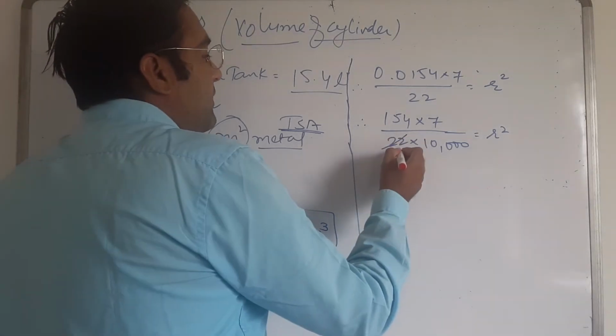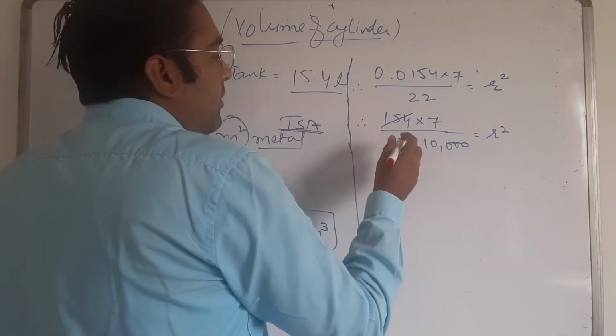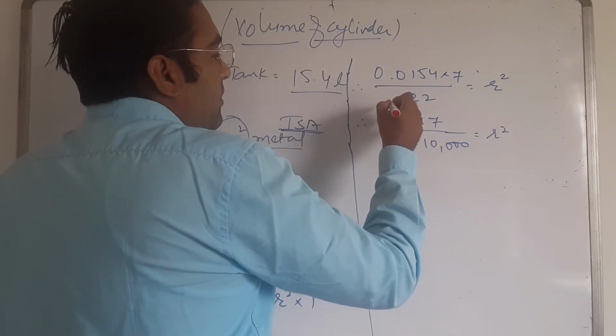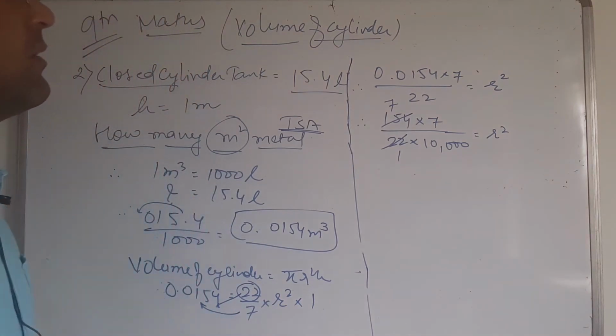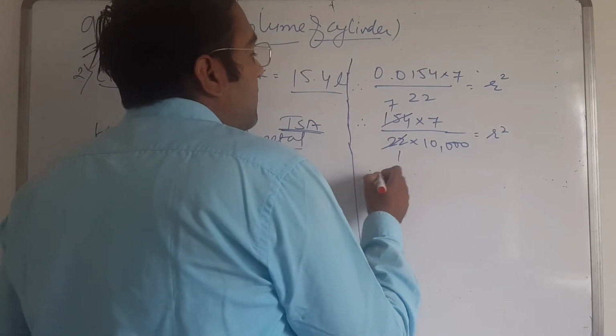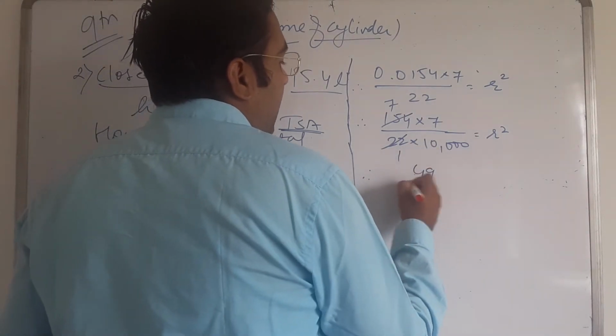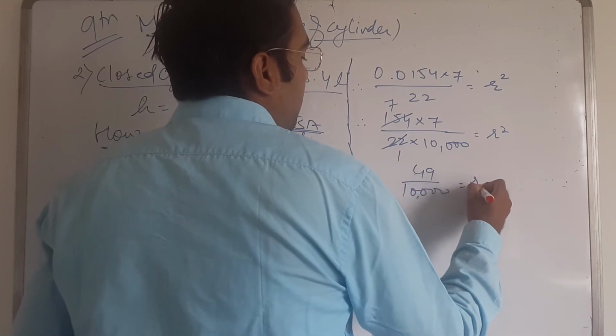So 22 ones are 22, 22 sevens are 154. Therefore my radius: 7 sevens are 49. 49 by 10,000 is equal to r square.